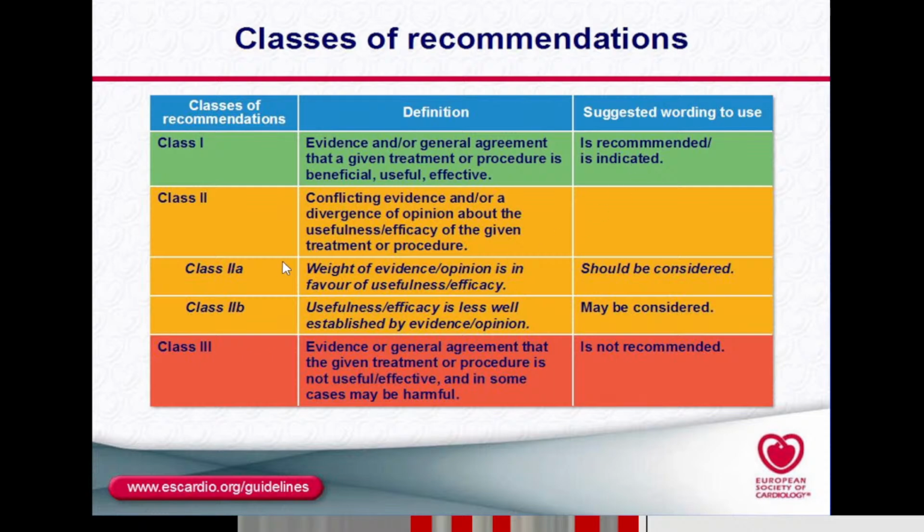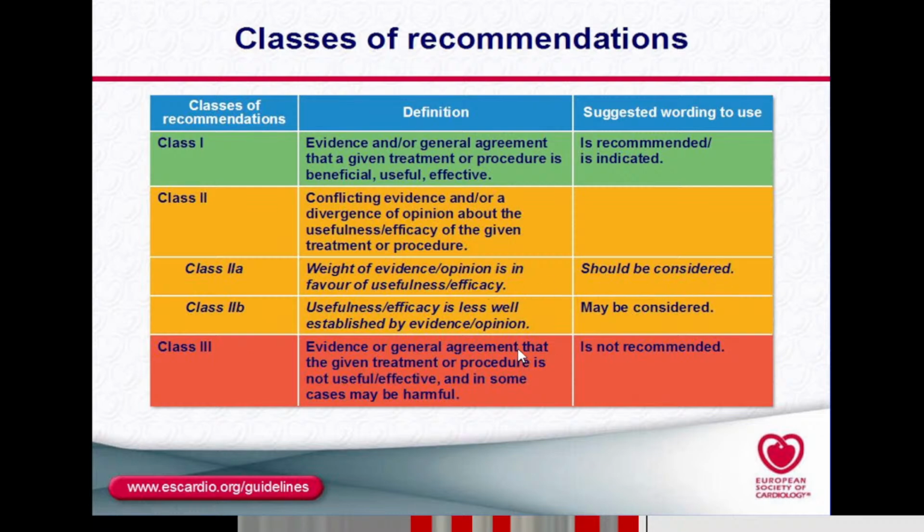Class 2. In class 2, we sometimes meet conflicting evidence and or divergence of opinion about the usefulness and efficacy of the given treatment or procedure. Class 2A is when the weight of evidence opinion is in favor of usefulness and efficacy, and it should be considered.